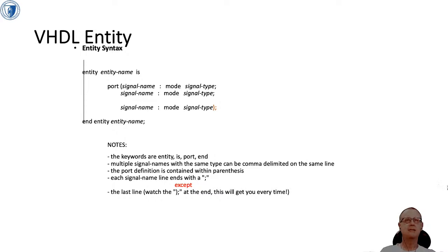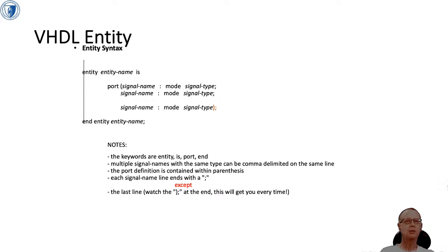So here's a simple example, right? Entity name is, port, and then all the signals and their appropriate modes and types, and then we end entity. And so those words entity, is, port, and end are keywords.